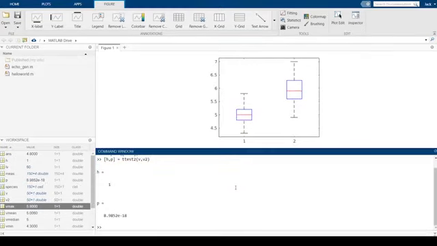In this particular case, we find h equal to 1 with a p-value much lower than 0.05. So we conclude the two datasets are drawn from distributions with significantly different means.